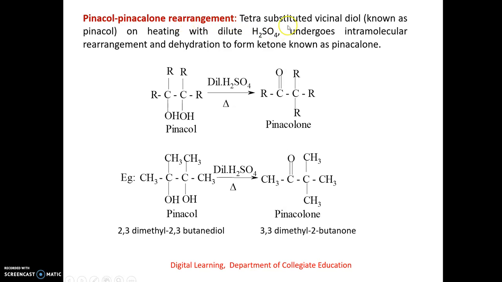A tetrasubstituted diol, which is commonly known as pinacol, that is a completely substituted diol, on heating with dilute sulfuric acid undergoes intramolecular rearrangement and dehydration to form a ketone which is called pinacolone.